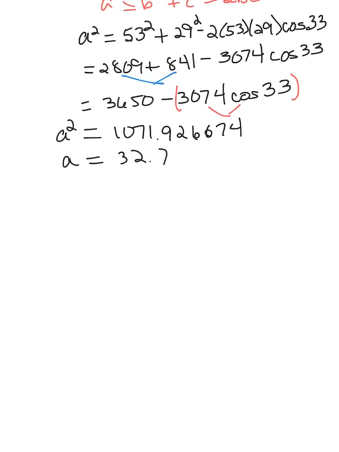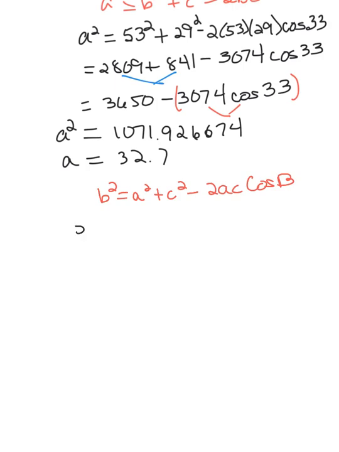If I'm finding angle B, then the version of the law of cosines that I need to use is b squared equals a squared plus c squared minus 2ac times the cosine of angle B. Putting our values into place.